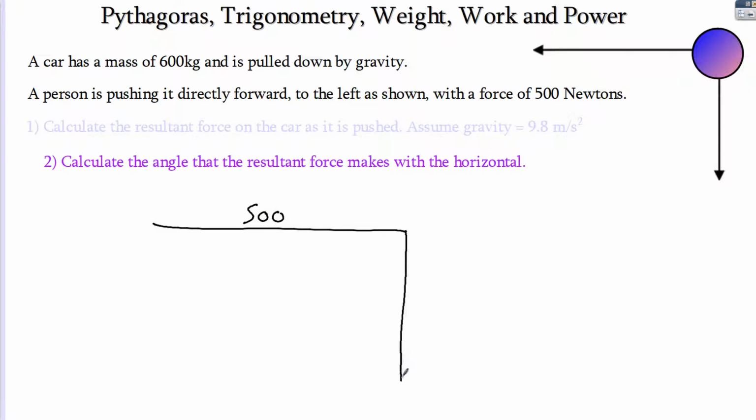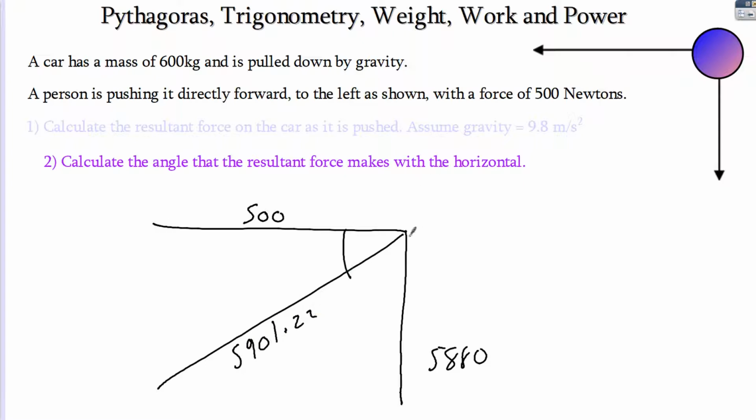The force down is 5880, and the resultant 5901.22, and it's asking for this angle because it's asking for the angle that the resultant makes with the horizontal. So it's this angle here. You can call it A or call it theta. I usually call them theta, but it doesn't really matter what you call it.